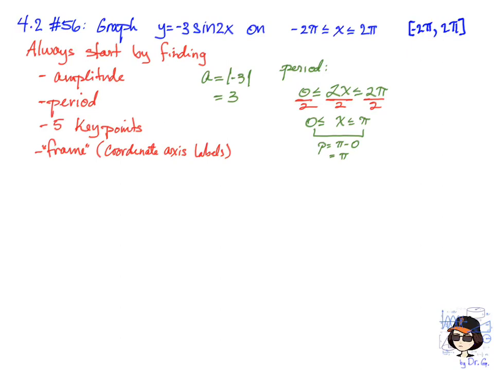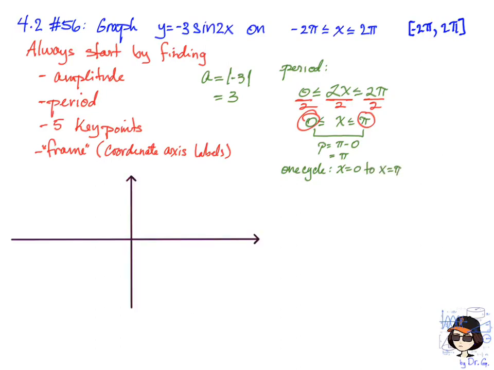But also it tells us that our cycle is going to go from 0 to pi. So when we set up our frame, we know where we're going to start and where we're going to stop. 0 and pi are going to be our starting and ending points for one cycle. So x equals 0 to x equals pi.